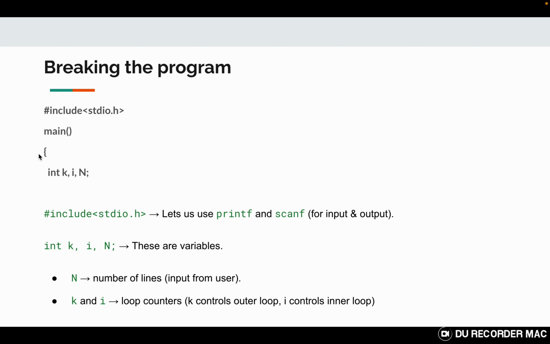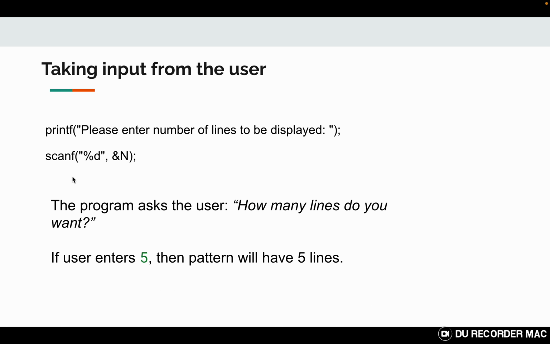Okay, so these are the three variables we declared here, k, i and n, where n is used for asking the user how many lines they want, k is used for controlling the outer loop, and i is used for controlling the inner loop. After we declare the variables, we print a statement like "please enter number of lines to be displayed", and we do the scanf with %d and &n.